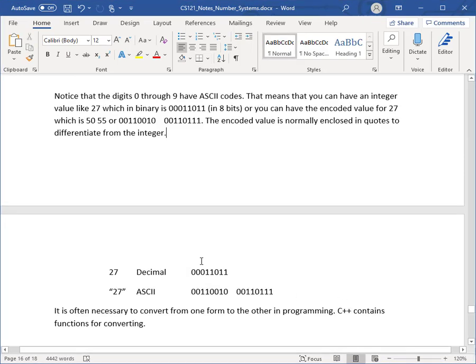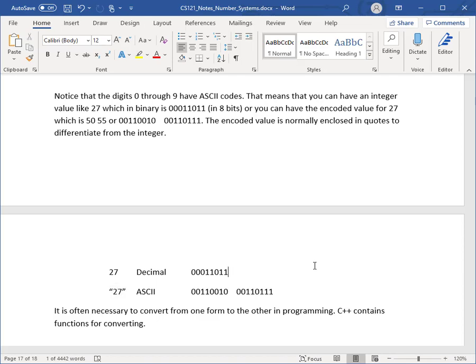Now the last thing I want to show you is that an ASCII encoded value is different than a numeric value. Here is the number 27, in decimal. If you wanted to store that as a positive integer value, here is the bit string for that. If we instead have a quote 27 quote, that means this is a string, and the numbers or symbols or letters are all going to be encoded.